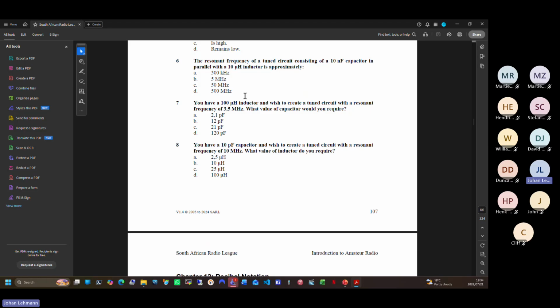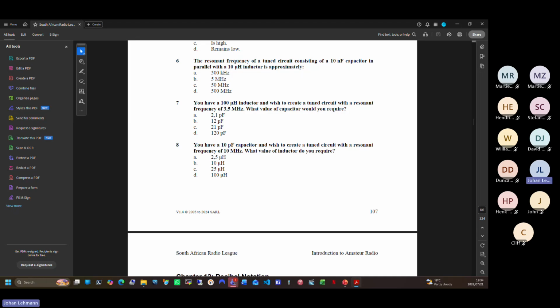Okay, the resonant frequency of a tuned circuit consisting of a 10 nanofarad capacitor in parallel with a 10 microhenry inductor is approximately... Okay. What did we say the formula was? We said the formula is 1 over 2 pi square root of LC.